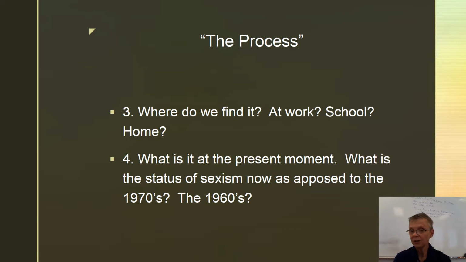We still, I'm sure, have a long way to go in terms of females in the workplace. But if you put that into context with where things were in the not that distant past, you can say, wow, we have come a long way.